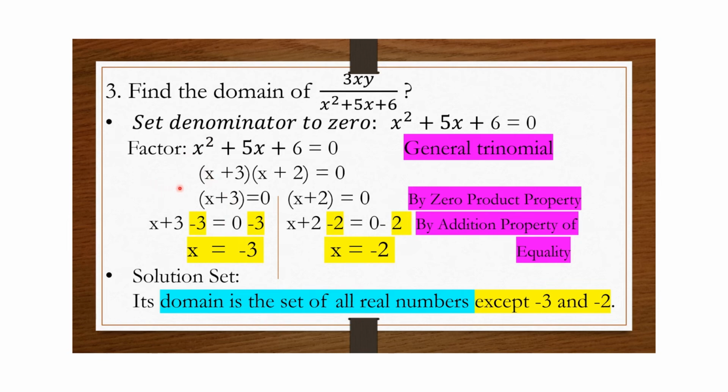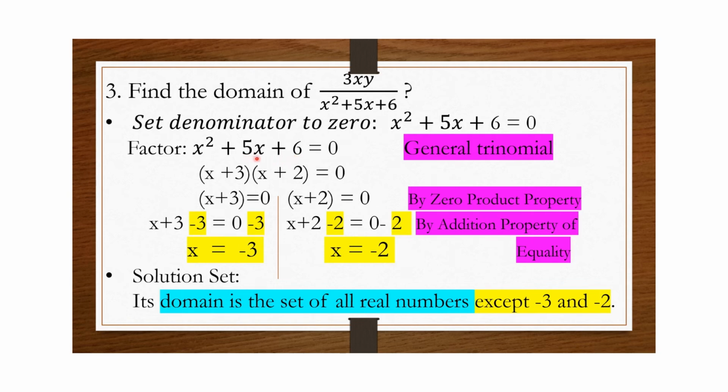Remember method 1 when we did our lesson last week? So here you will find a factor of 6, sorry, that will add into 5. So ano-ano ba yung dalawang factors ng 6 na mag-a-add ng 5?